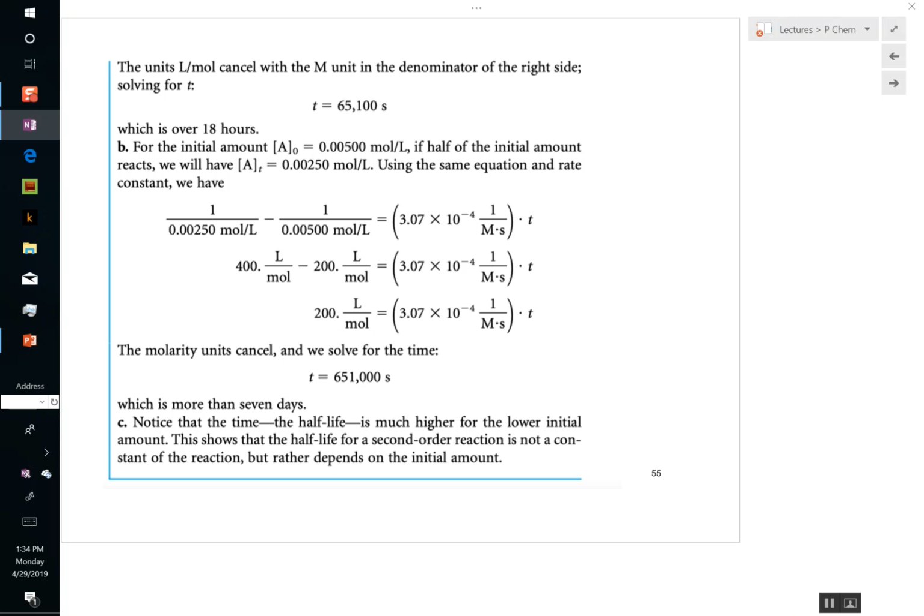But that's not what's happening here. It takes 10 times longer to halve this one here. So this is a second order reaction. We can talk about a half-life, but on a second order reaction, the half-life is not independent of concentration. That's the point of this example.